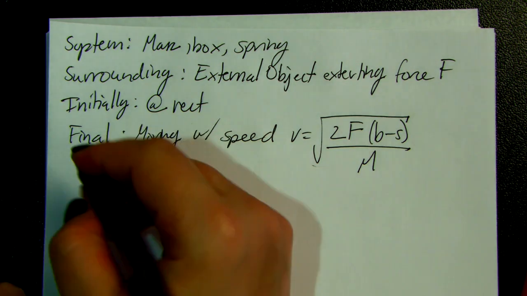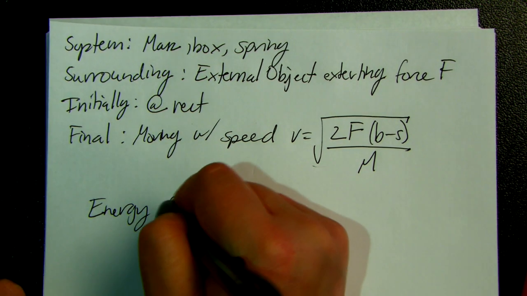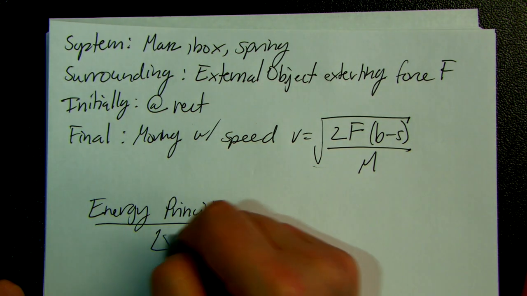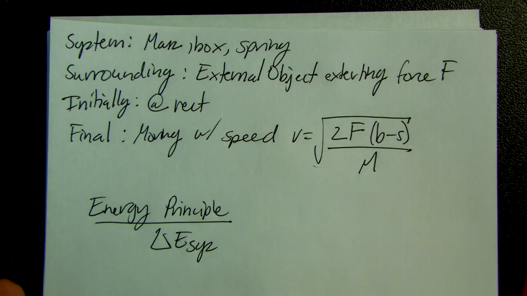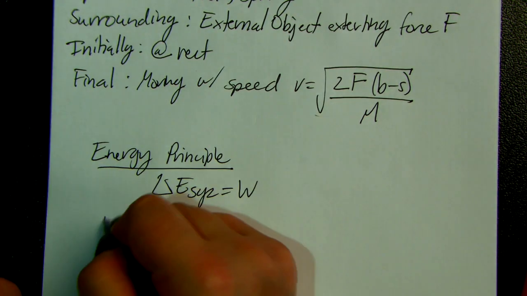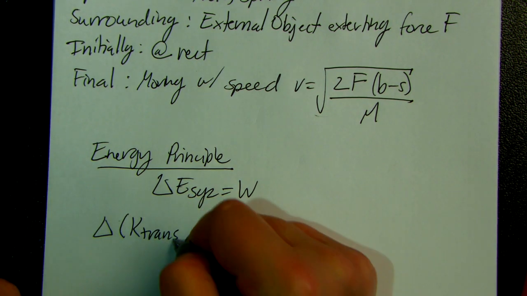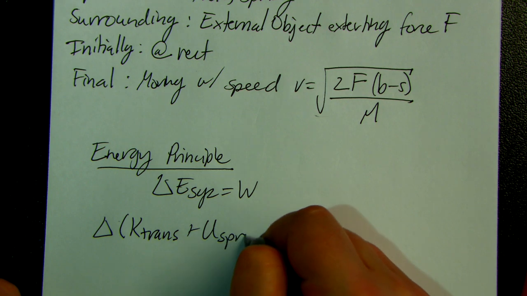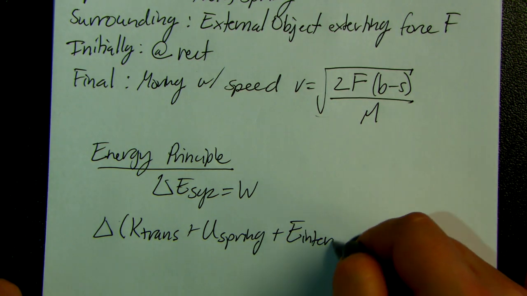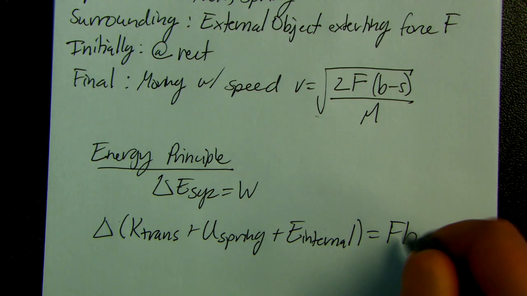See, very useful. All right, using the energy principle, the change in energy of the system is equal to the work. So we have the change of translational kinetic energy plus the potential of the spring plus the change of internal energy is equal to Fb.